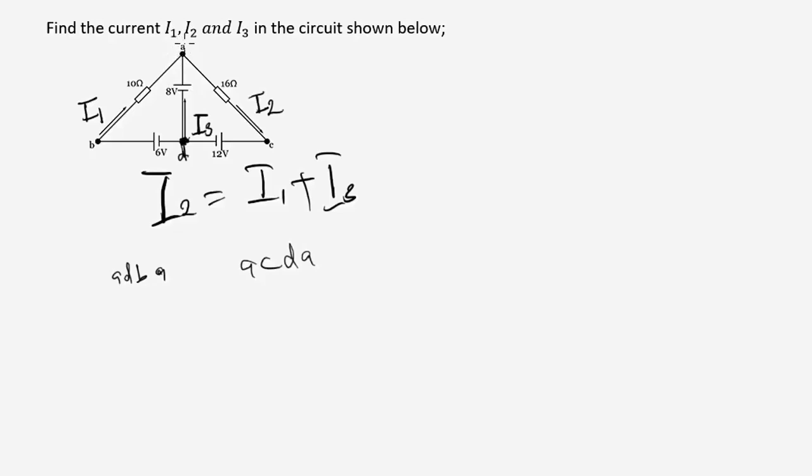In procedure 2 we said we have to identify each closed loop and designate a direction for adding up the EMFs and the potential drops around each closed circuit.